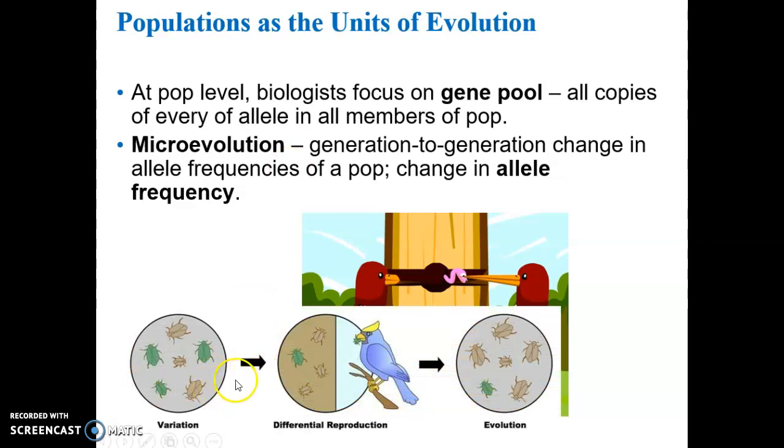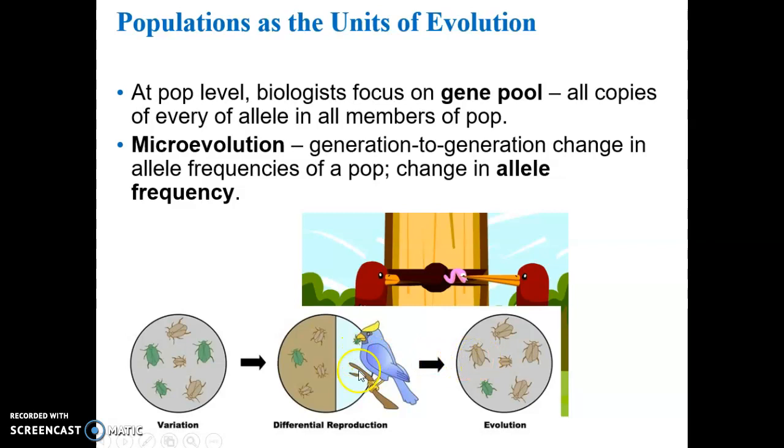So here's another little example. Population of beetles, variation in color, natural selection. Birds are going to more readily eat the green ones that stand out in their environment. That means the brown ones are going to survive more and more likely reproduce, so differential reproduction based on natural selection.